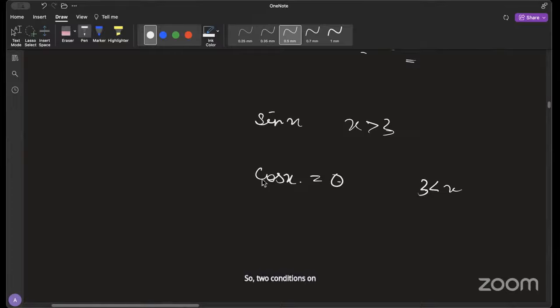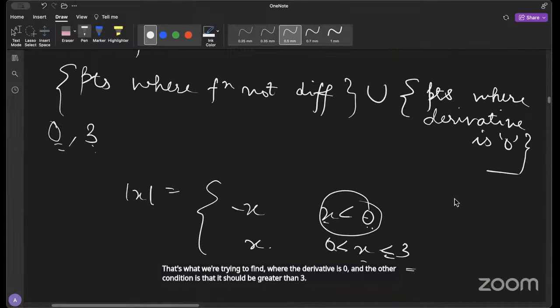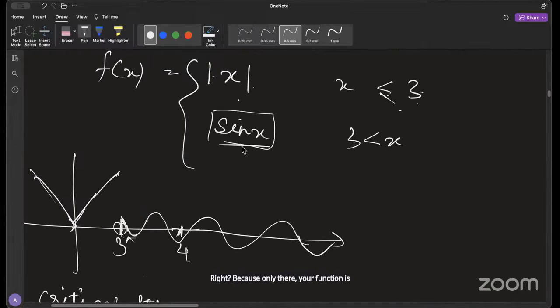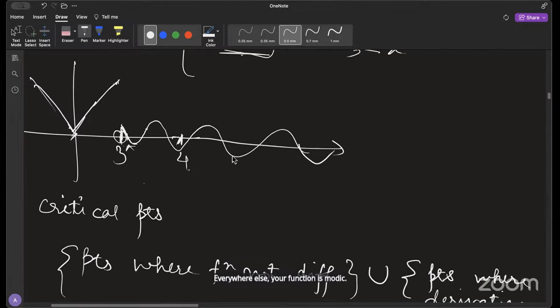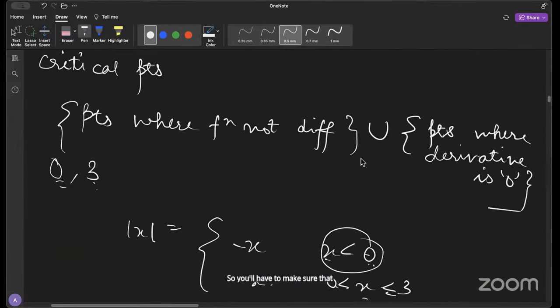So two conditions on x. First, cos x should be 0 because this is the derivative of sin x. And the other condition is that x should be greater than 3, because only there your function is sin x. Everywhere else your function is mod x.